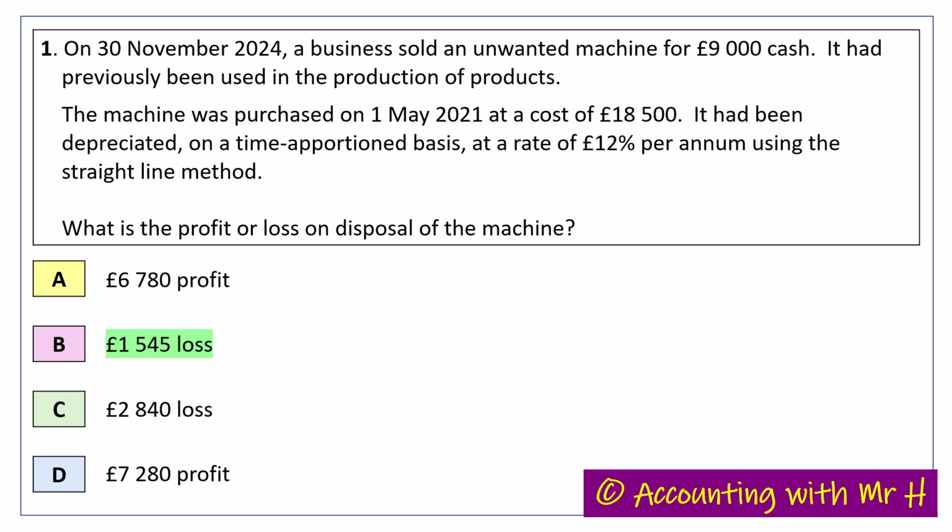If I take that away from the cost of 18,500, it means at the time of sale, the net book value was £10,545, and they sold it for just £9,000. So that means they've made a loss then on disposal of 1,545.